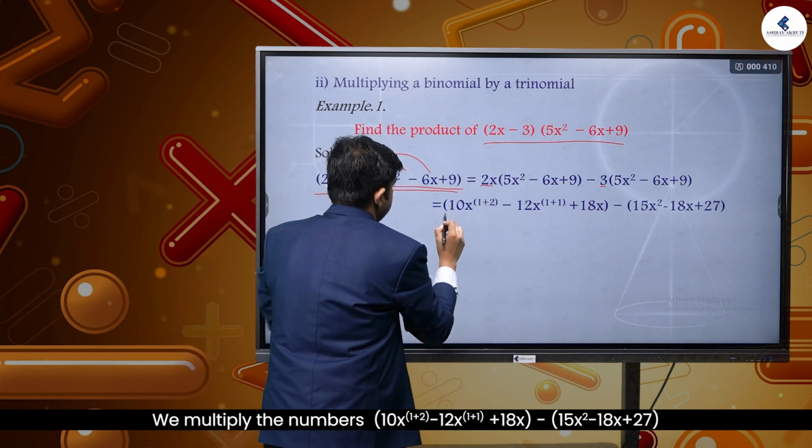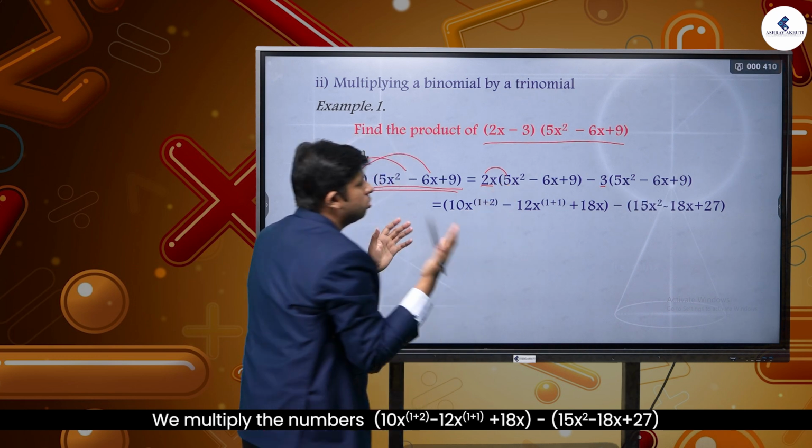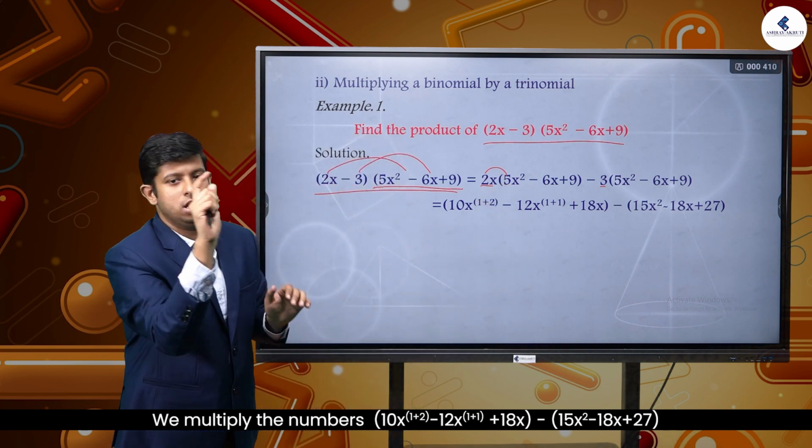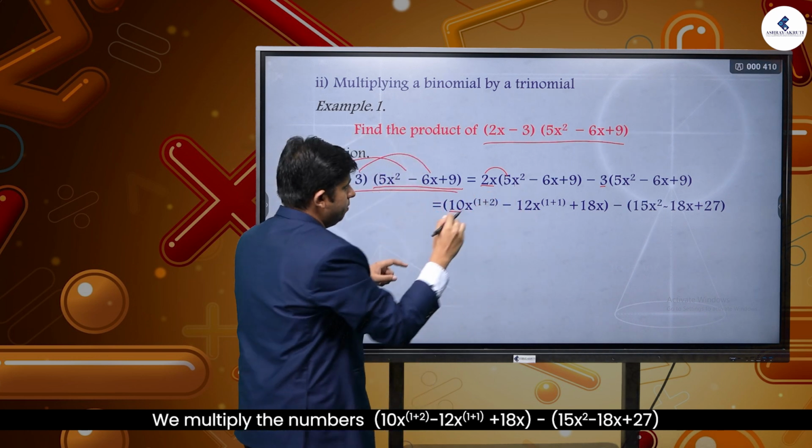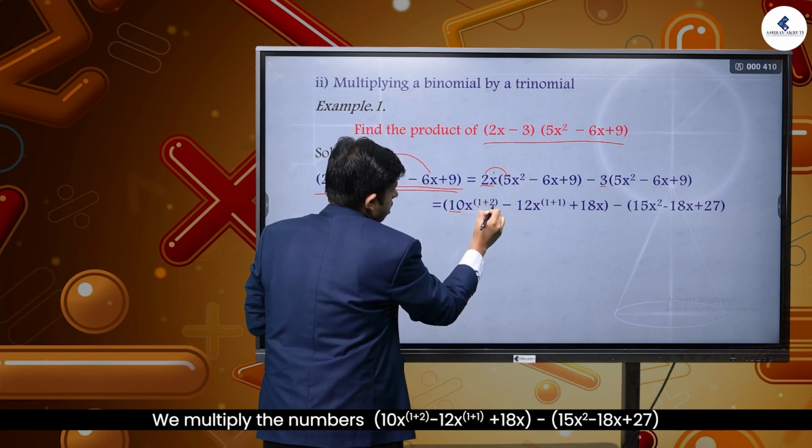We multiply the numbers 2 into 5, which gives us 10, and x to the power of 1 plus 2, where bases are equal, powers are to be added.